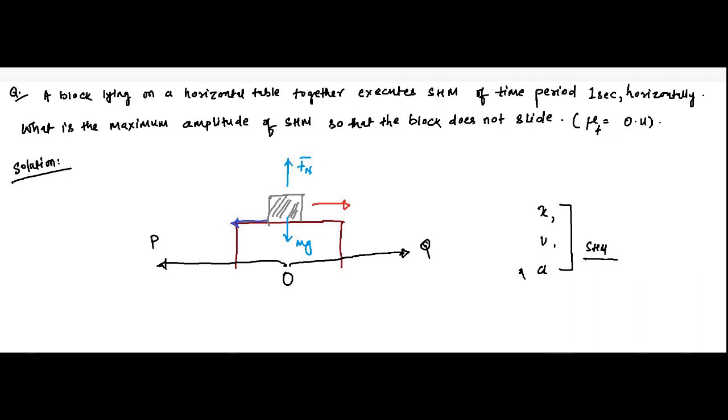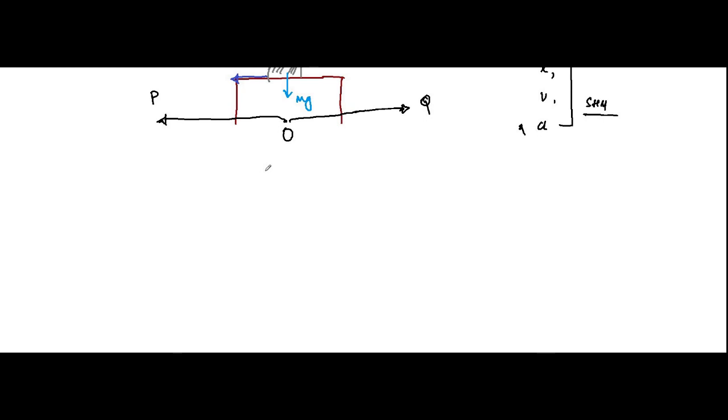So the condition so that the block does not slide from the table, with both the system, that is the table and the block, moving together, is that the maximum value of the SHM acceleration multiplied with the total mass, which is the force of SHM motion, should be equal to the force of friction, so that they cancel each other out and the block will stay where it is.